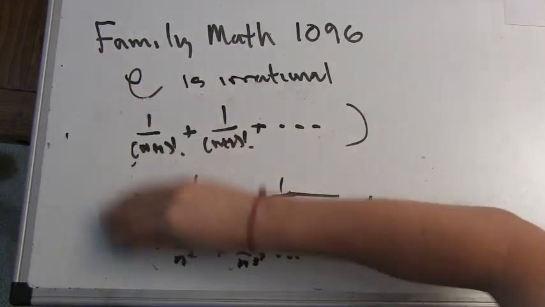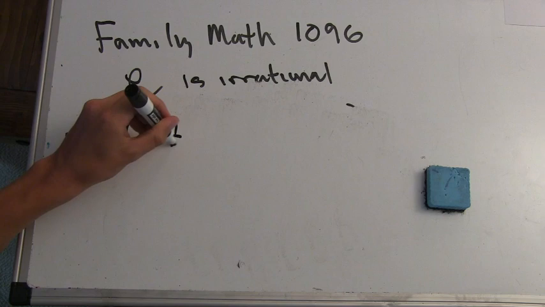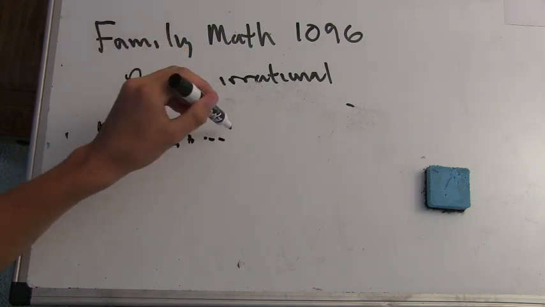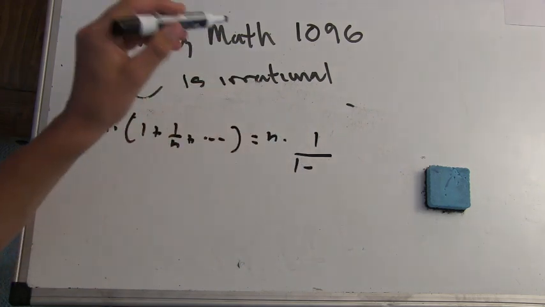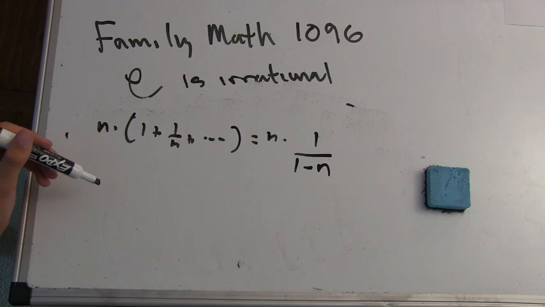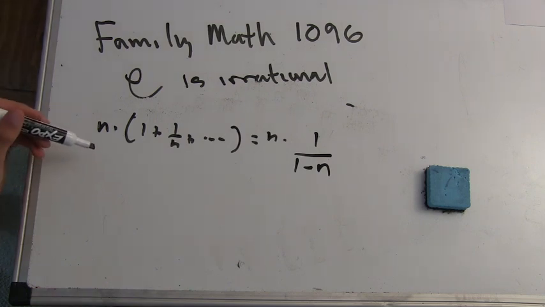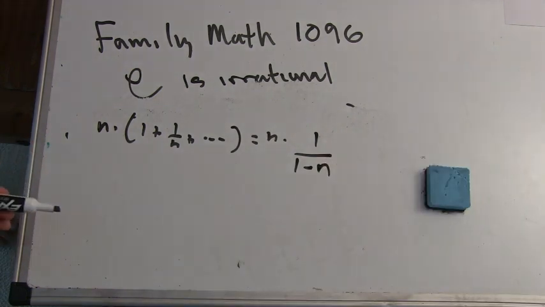So it's n times 1 plus 1 over n plus what we had before, which is n times 1 over 1 minus n. I think. Well, that's going to be negative, because n's an integer and it's large.